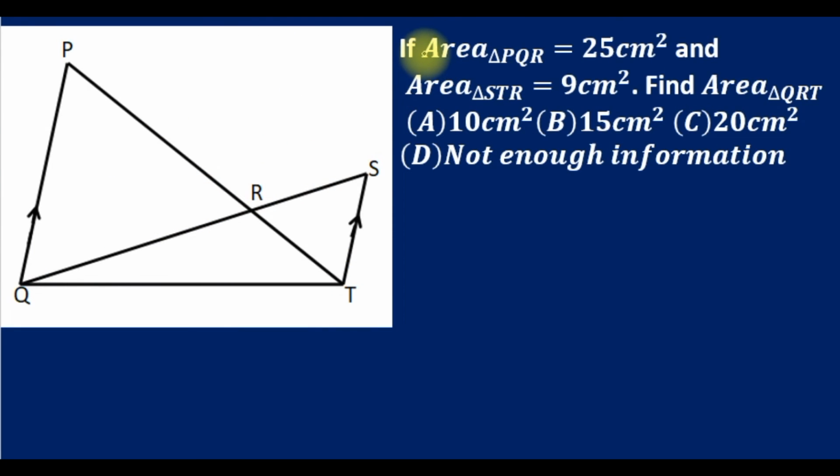So we are asked, if area of triangle PQR is 25 cm squared, and the area of triangle STR is 9, find area of triangle QRT.